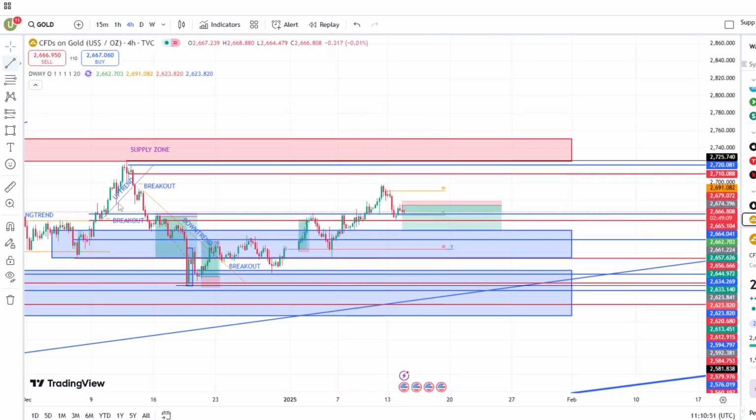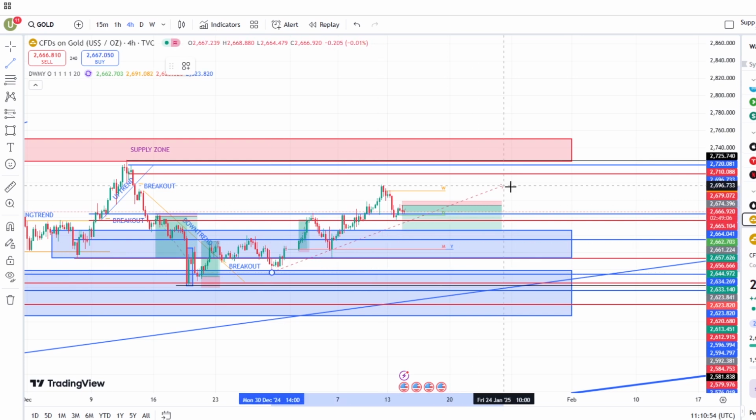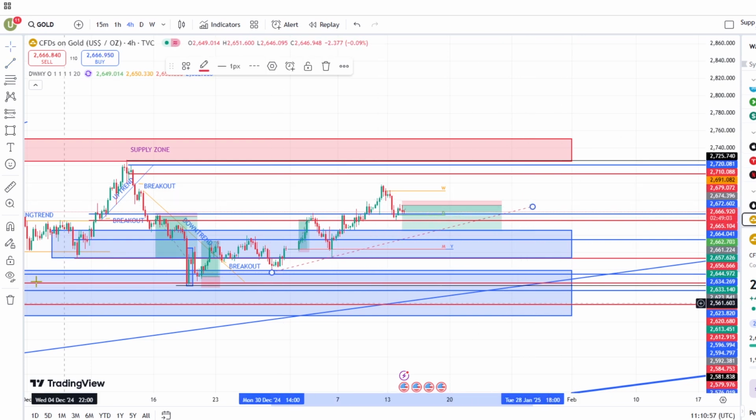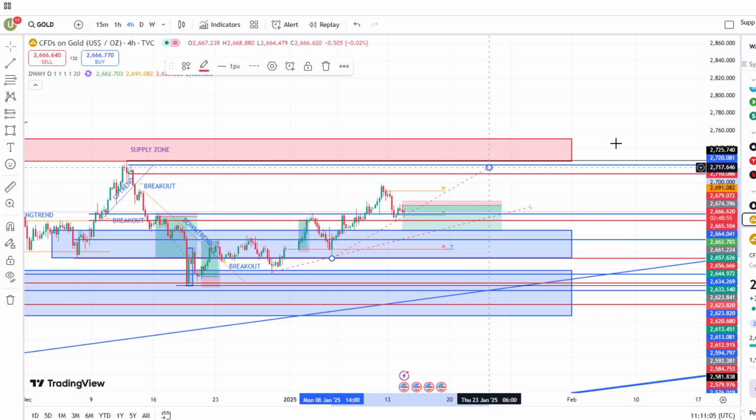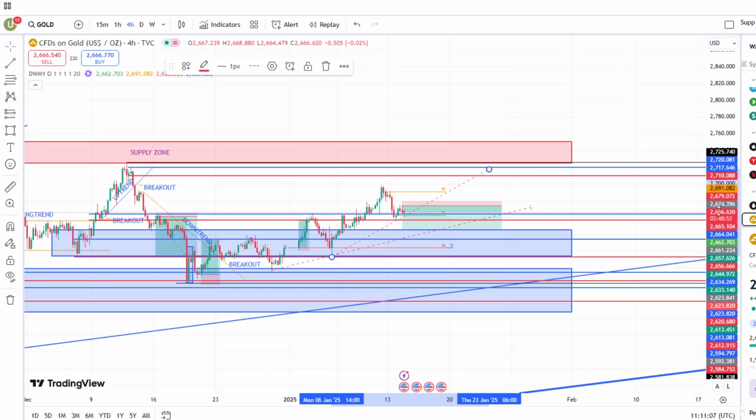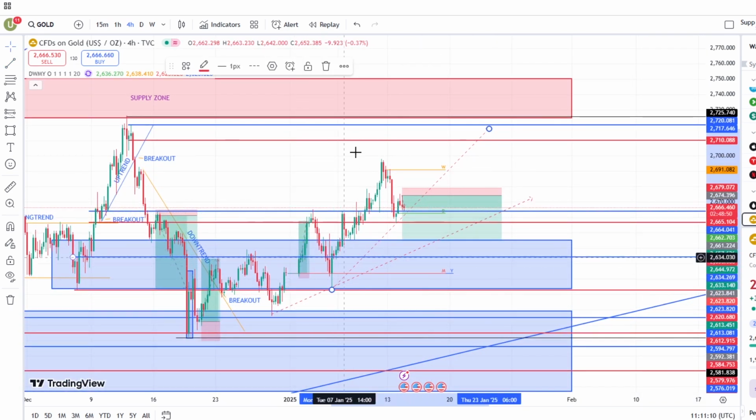So the question now is: is this the uptrend, or is this the uptrend? Because if this was the uptrend, I would expect the market to give me a further drop to this demand zone, and then from this demand zone it either breaks below or it goes back up to retest this supply zone here.